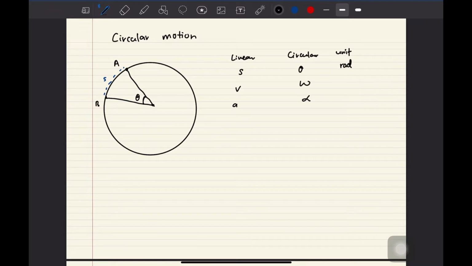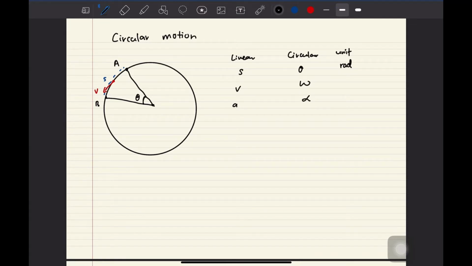Previously, for linear velocity V, it is in that direction and you can calculate V equals S over T. But now it would be theta over time.